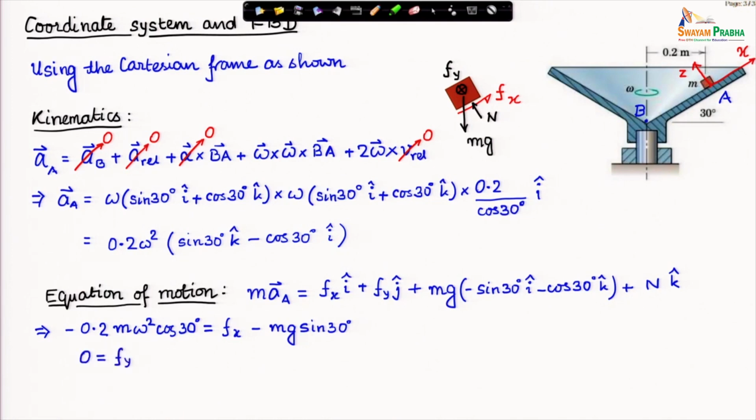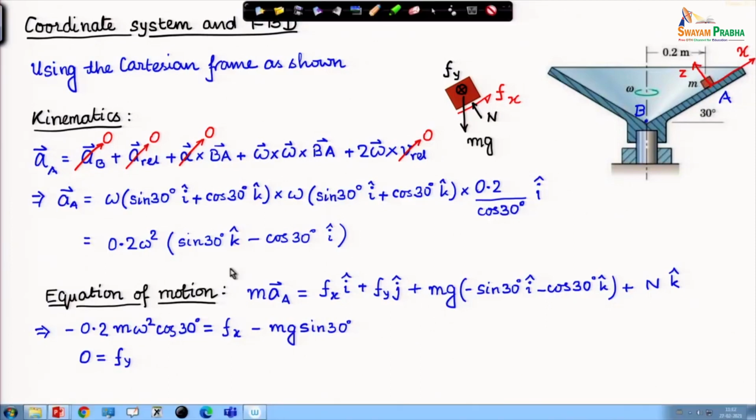Now, the j cap. There is no j cap in the acceleration, therefore, the left hand side is 0. Right hand side j cap, I have only Fy, therefore, 0 must be equal to Fy. So, Fy is 0. So, my equation of motion will tell me this.